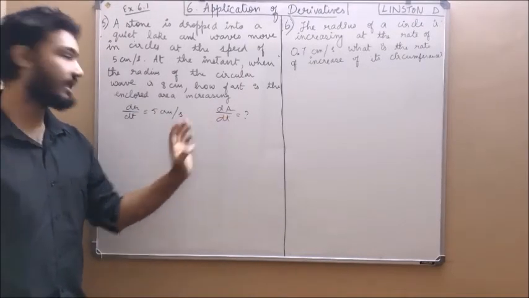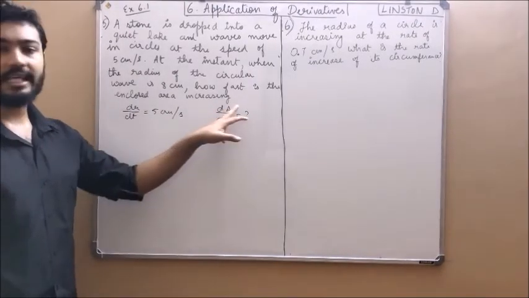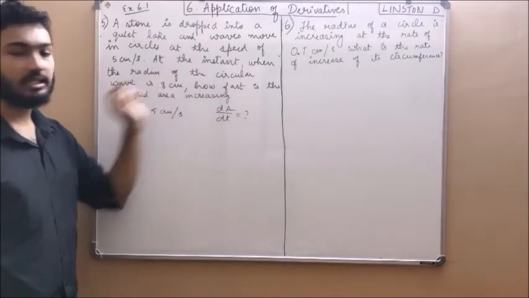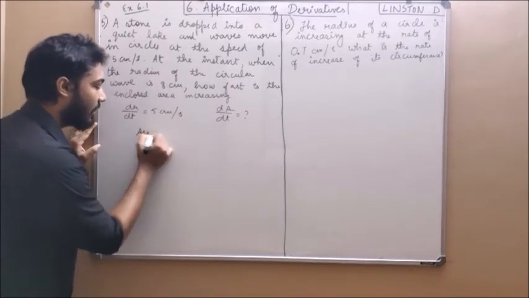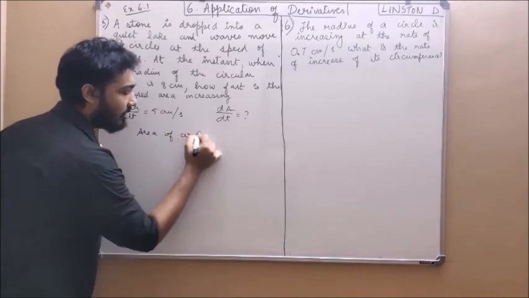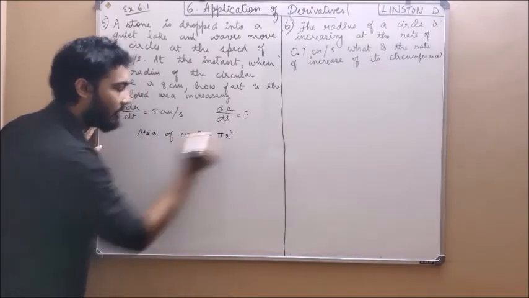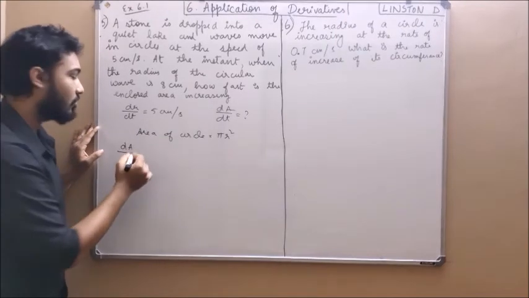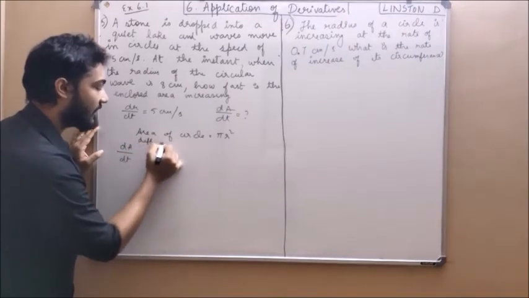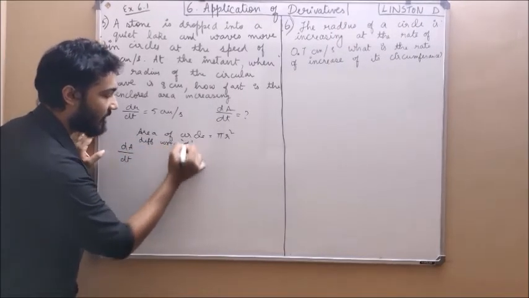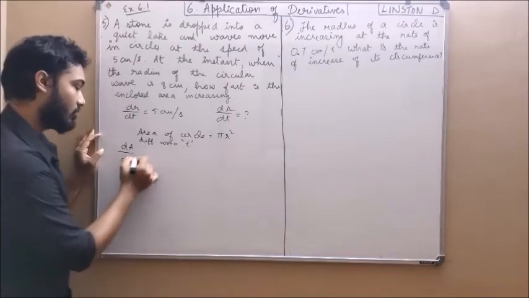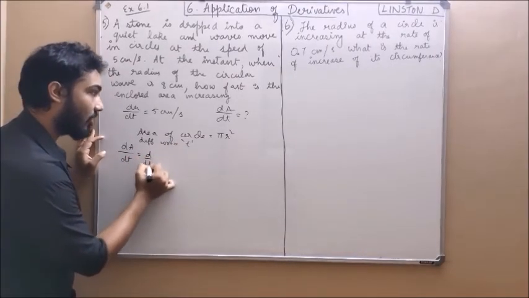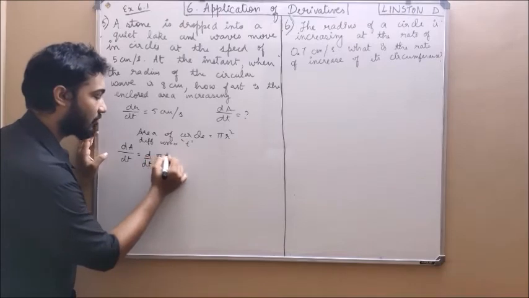Find dA by dt. First, what is the area of the circle? The area of the circle is pi r square. We have to find dA by dt, so differentiate with respect to time t. dA by dt is d by dt of pi r square.